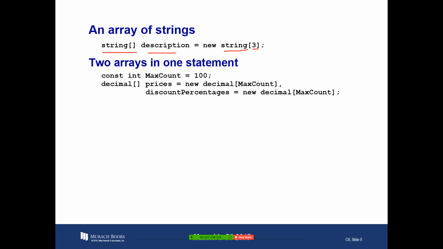Here first we're declaring a constant, an integer constant named max count, and we're setting the max count equal to 100. And then we're declaring a decimal array named prices, and we're declaring it with 100 elements.